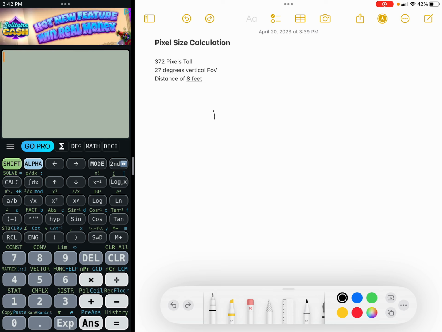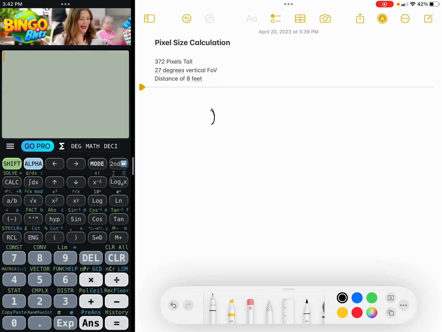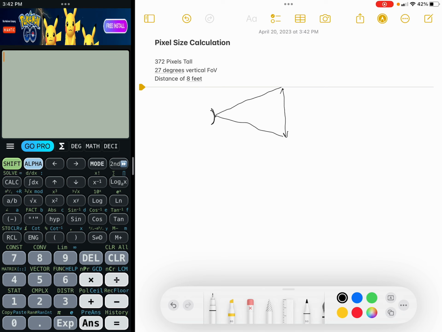So if we have our camera lens over here, our vertical field of view is going to extend like this. And we're trying to figure out the height of a single pixel at this end, which is 8 feet away. Using trigonometry, we have to have a right angle.